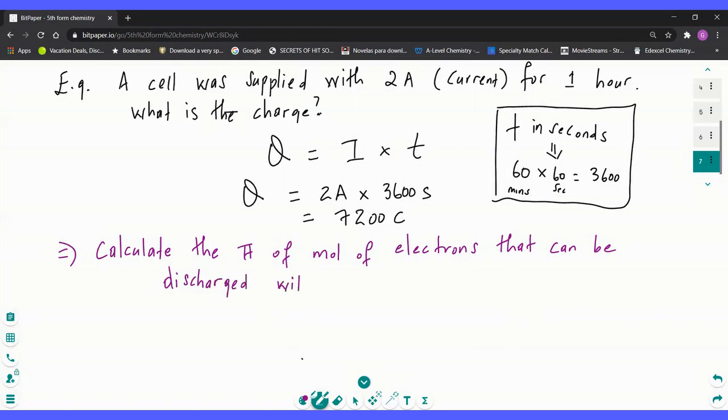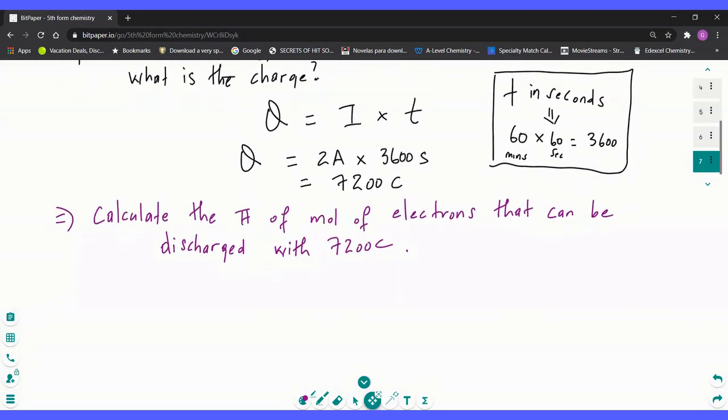With the calculated 7,200 coulombs, now we have to see what we can do with our 7,200 coulombs. We already know that if you want to move 1 mole of electrons, you need 96,500 coulombs.